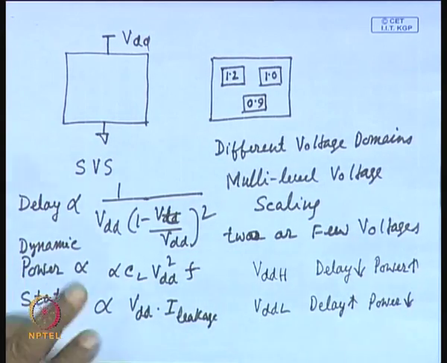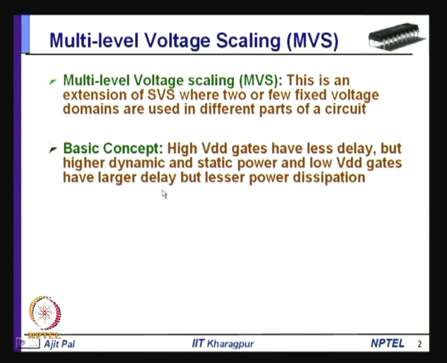So, we can use 2 or more voltage levels, and we can judiciously combine them such that there is an overall reduction in the power dissipation. However, we shall try to maintain the same performance level, as it is the main goal or main challenge of supply voltage scaling techniques. So, this is the basic concept.